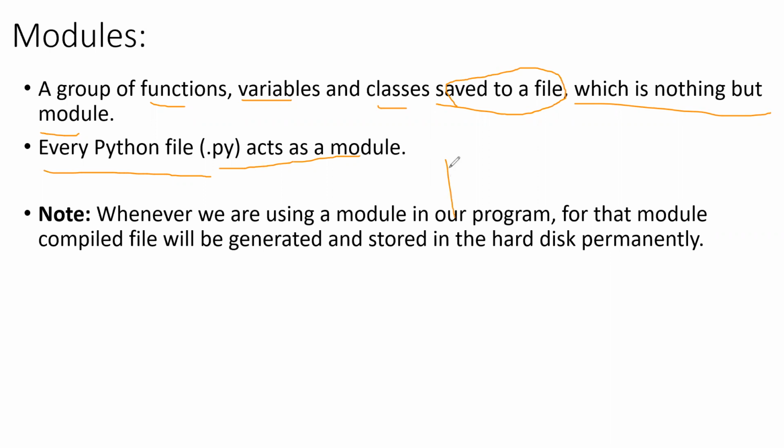For example, if I write some code and name it raj.py, this is a module. raj is the module. There are two ways: we can create modules ourselves, and there are modules created by others that are publicly available. For example, if I want to create a module, I can create it using raj.py or name it based upon your requirement.